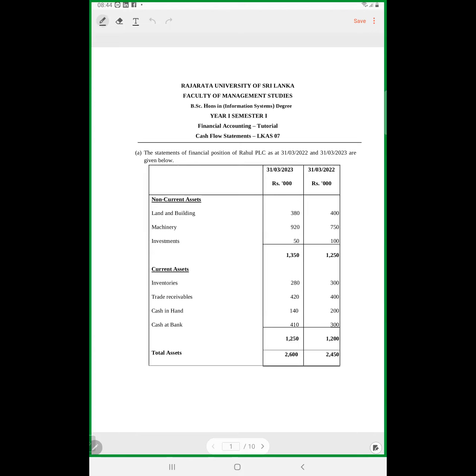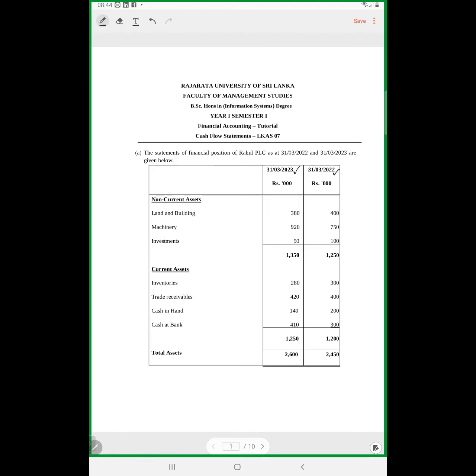The statements of financial position of Rahul PLC as at 31st March 2022 and 2023 are given below. So you are given the statement of financial position like that. In the financial statement, 2022 represents the previous year's financial data, and 2023 data is also available, right?